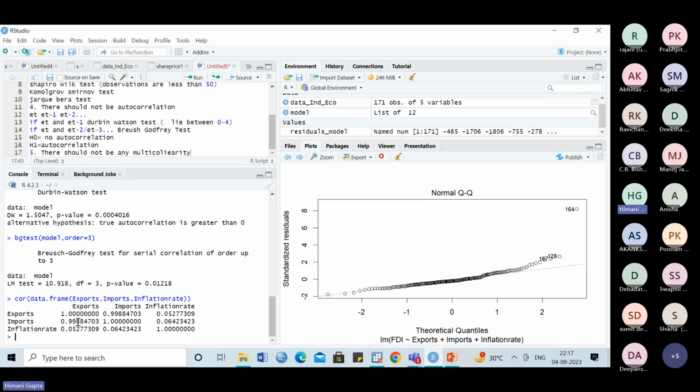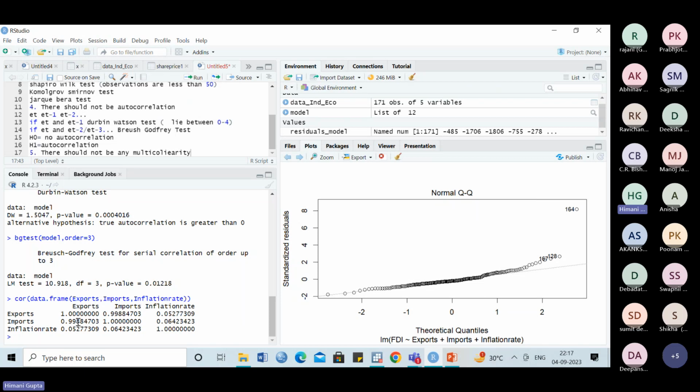I will not be able to find out which variable is explaining my dependent variable, because they are highly correlated. So either take out exports from the model or take out imports from the model.